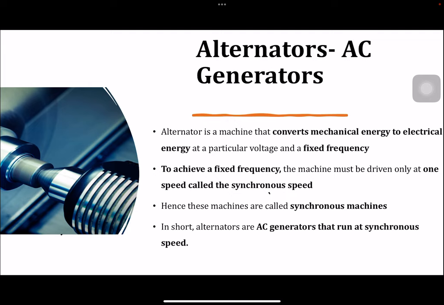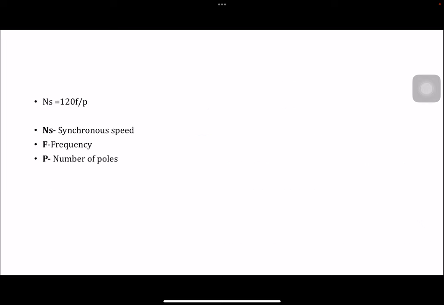So there is an equation for the synchronous speed, and the formula is given by Ns = 120 F / P. In this formula Ns represents the synchronous speed, 120 is a constant, F represents frequency and P represents the number of poles.